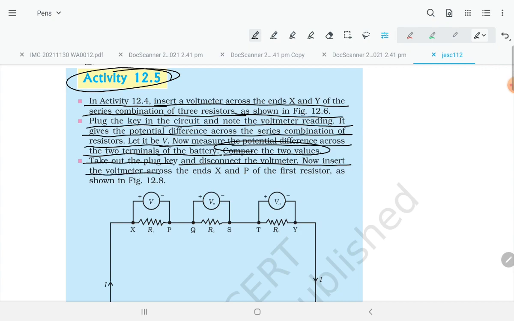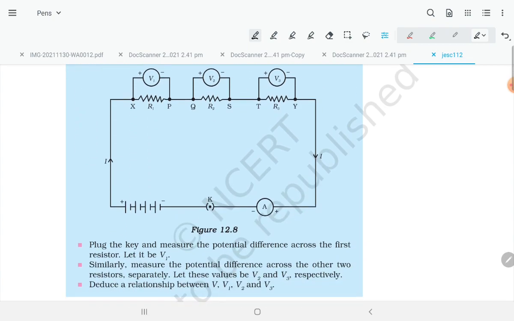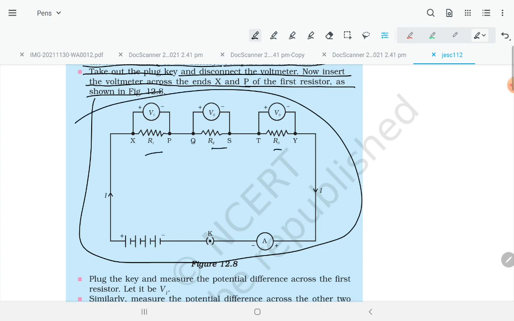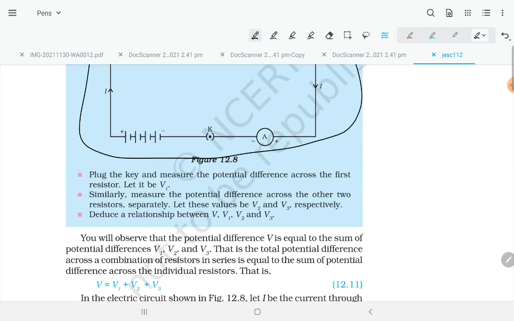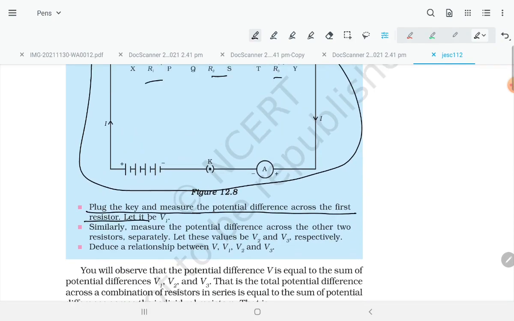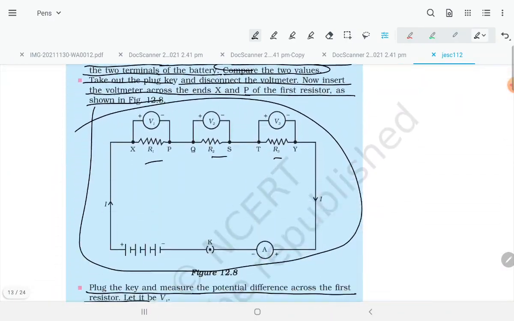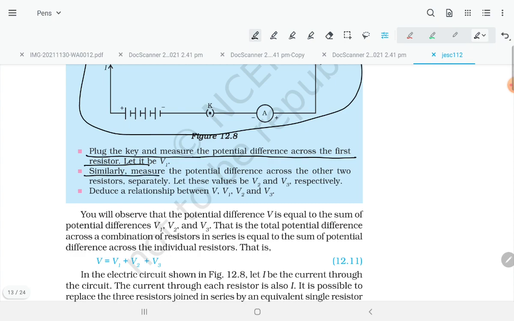Now insert the voltmeter across the ends X and P of the first resistor as shown in figure 12.8. So R1, R2, R3 are there. Plug the key and measure the potential difference across the first resistor. Similarly, measure the potential difference across the other two resistors separately.